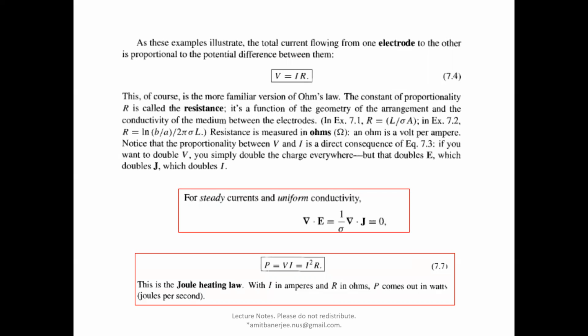For steady and uniform current, the divergence of E will actually become 0 from the earlier equation. Another important one, we all know about the Joule heating law, which is I squared R.